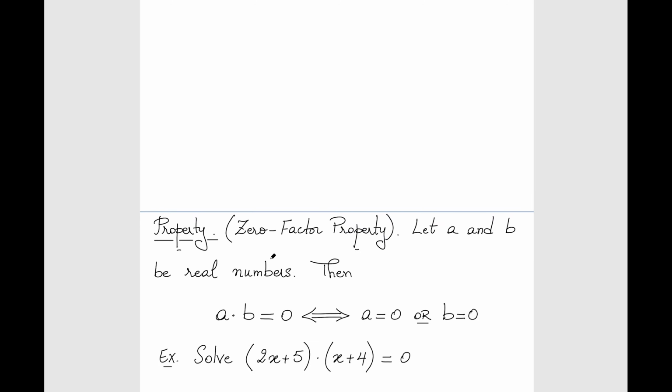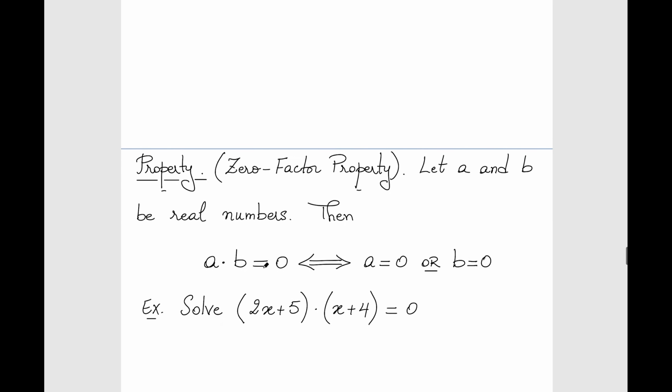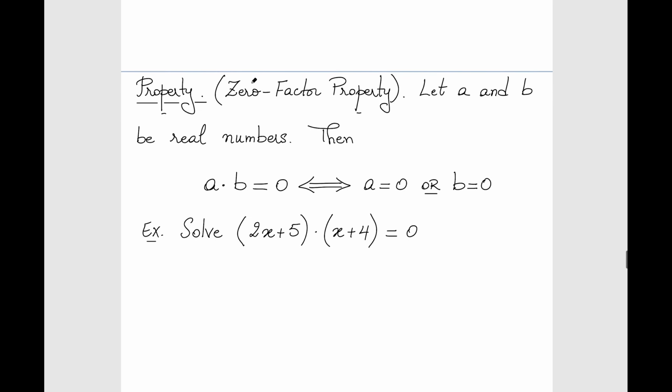Let's see this property, the zero factor property. What does it say? It says, if you have two entities, two real numbers, then the following are equivalent. The product of A and B is 0. That happens precisely if either A is 0 or B is 0, right? Or both.